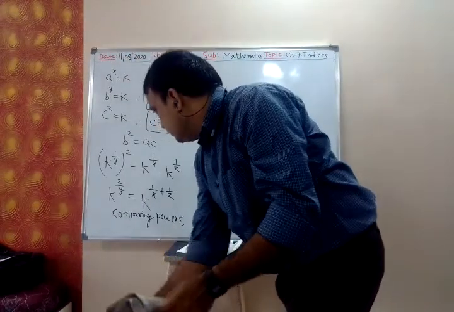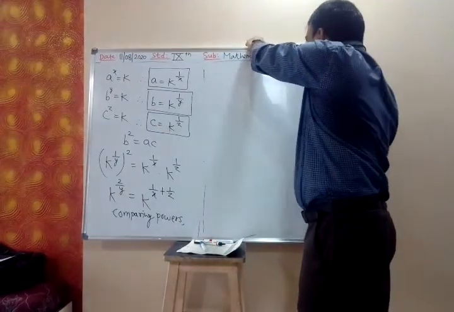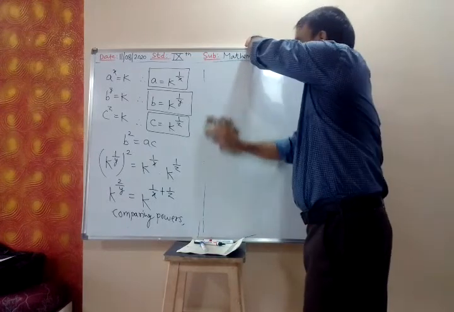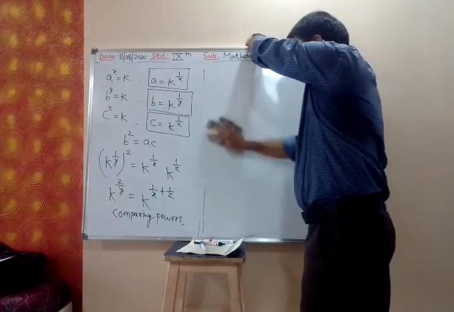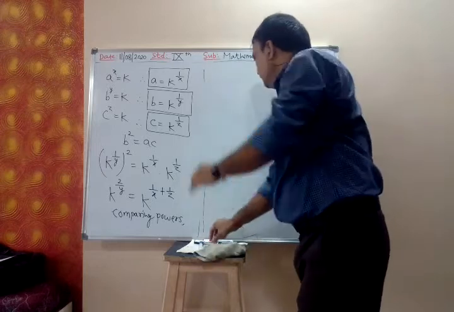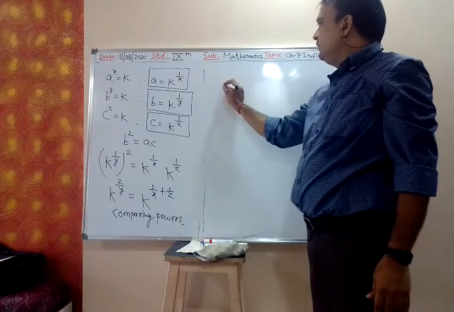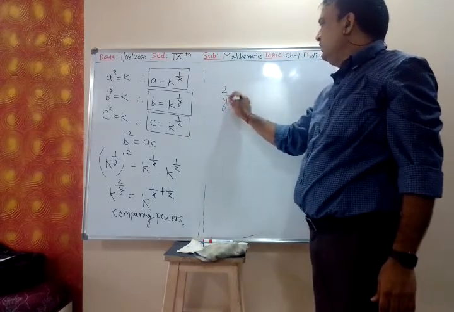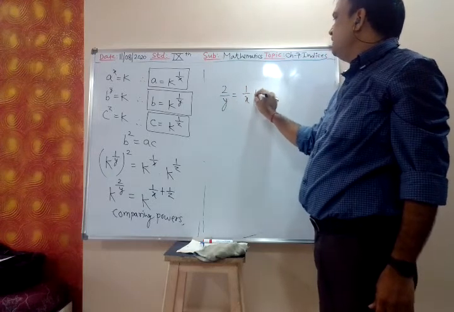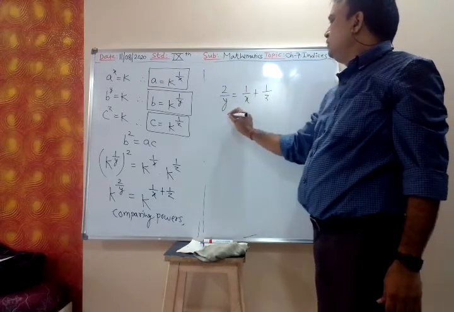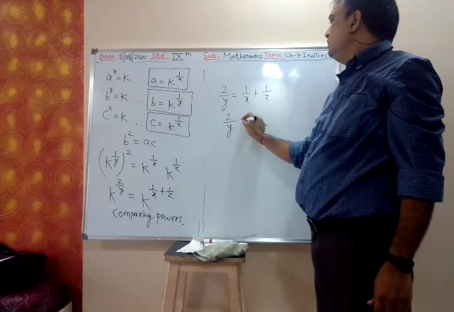Yes. So what you will get? 2 upon y is equal to 1 by x plus 1 by z.